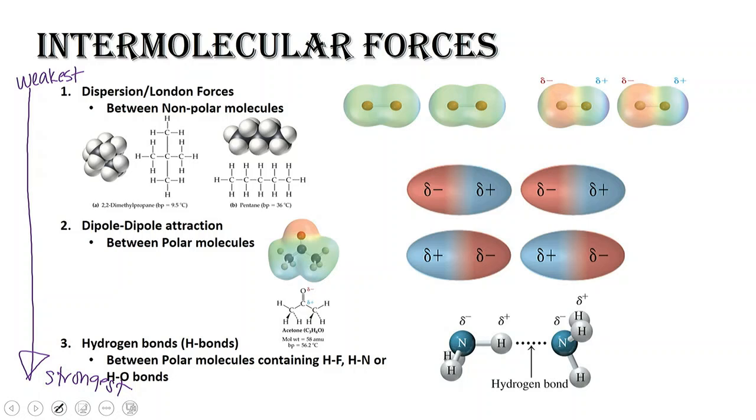So, dispersion forces or London forces occur between nonpolar molecules. Notice that these molecules here on the top, they have an equal sharing of electrons, right? And they don't tend to have any charges between them. So what happens is sometimes in one molecule, all the electrons will arrange themselves on one side of the molecule.